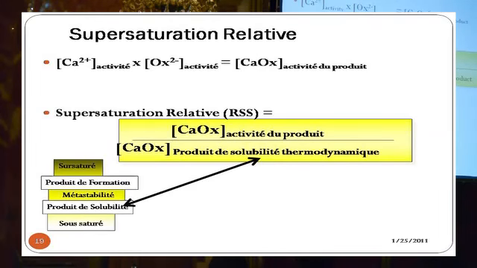The first is relative supersaturation, or RSS. Relative supersaturation is estimated by collecting a urine sample, measuring a lot of compounds in it, and determining the activities of calcium and oxalate, for example, to then estimate the activity product of calcium oxalate, the mineral that would form a stone.